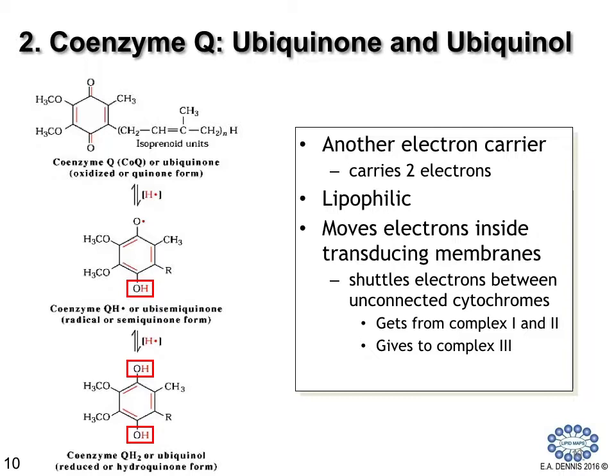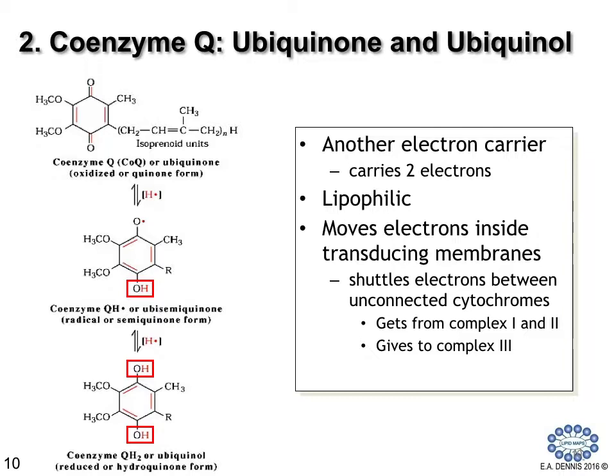Coenzyme Q picks up an H dot to make coenzyme QH, as shown in the middle, and picks up a second H dot to make coenzyme QH2 or ubiquinol.